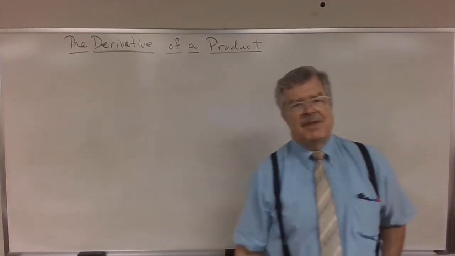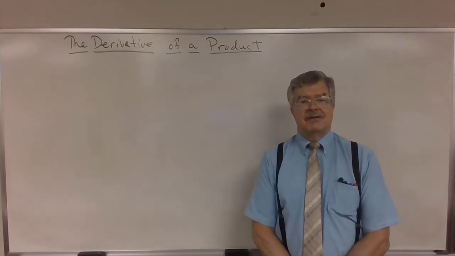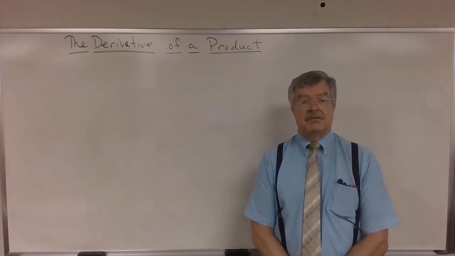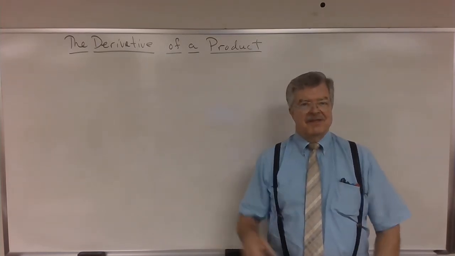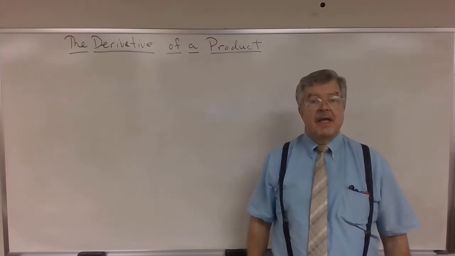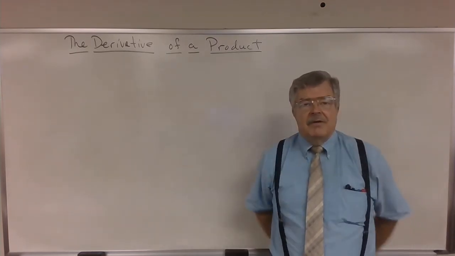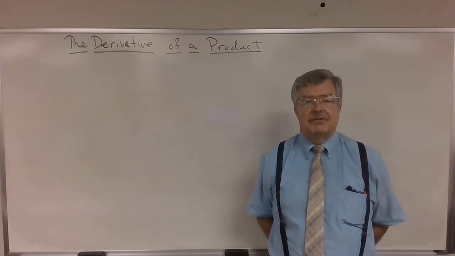Hey everybody, welcome back. So far in calculus, we've learned how to compute derivatives by the definition, the limit as delta x goes to 0. And we've come up with some rules and properties of derivatives.